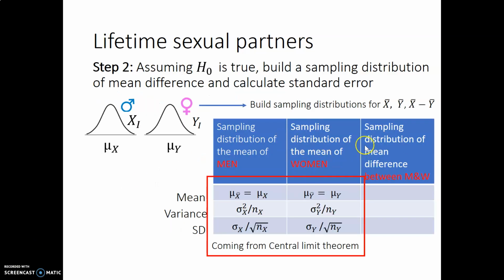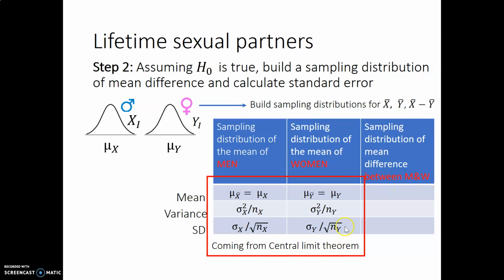This is the table we want to work with. This column shows the characteristics of the sampling distribution of the mean for the group of men, and this column shows the sampling distribution of the mean for the women's population. The last column is the sampling distribution of the mean difference between men and women.